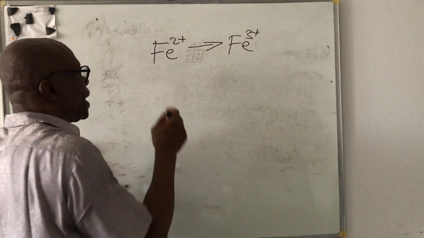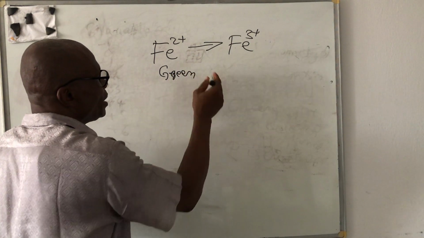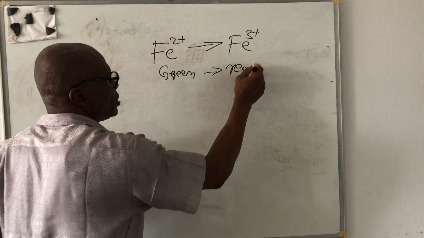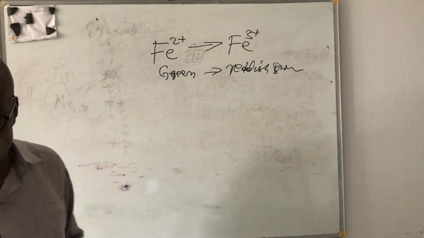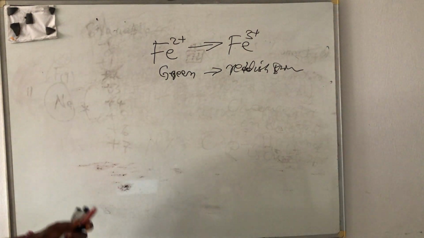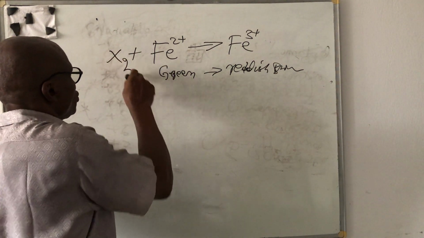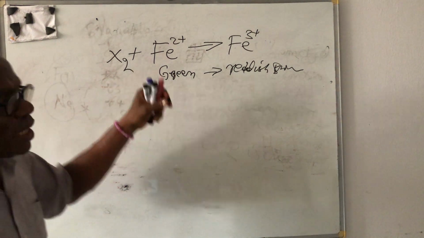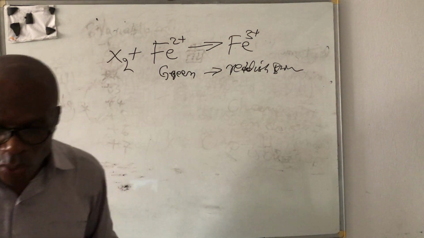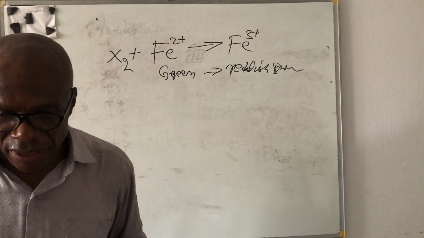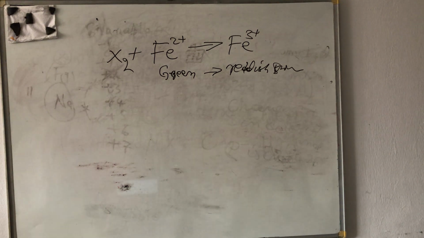And you see this by the change in coloration from green, greenish blue or light green, to reddish brown, to show that there is an oxidation. When you react X2, halogens will be able to oxidize. But when it comes to fluorine, the reaction is slightly different.